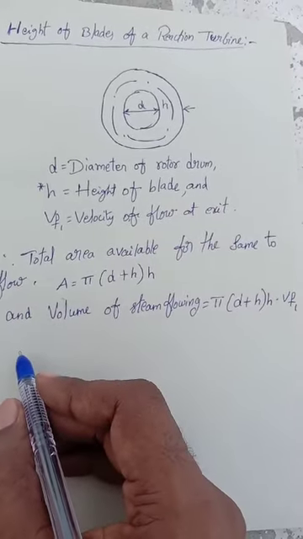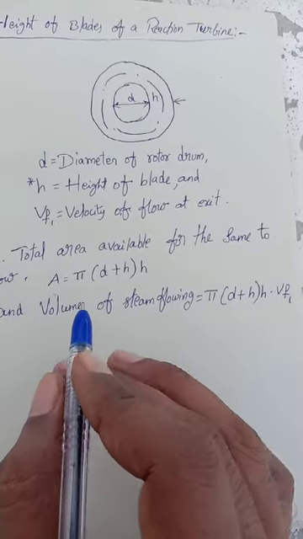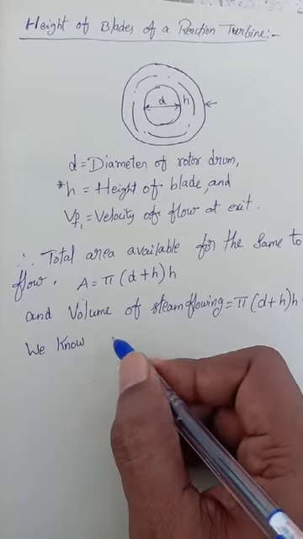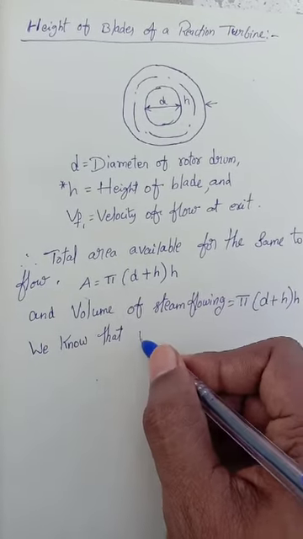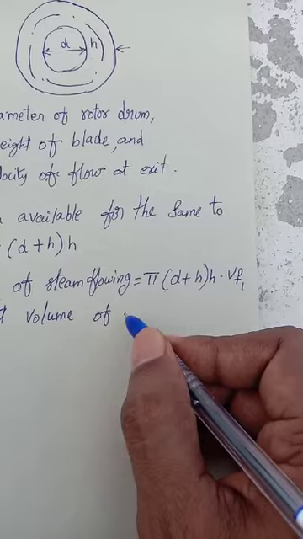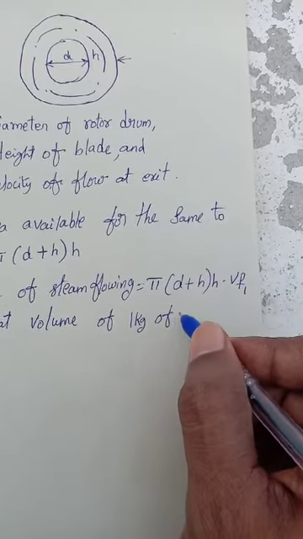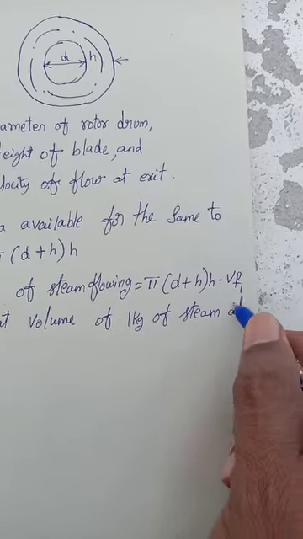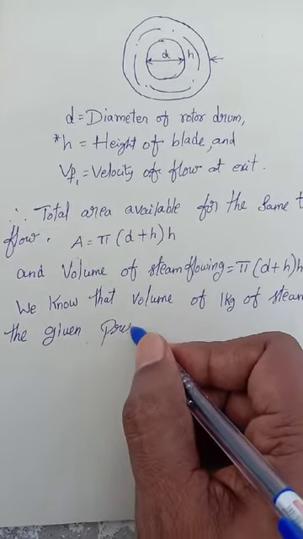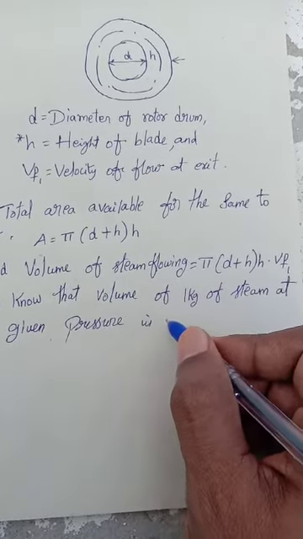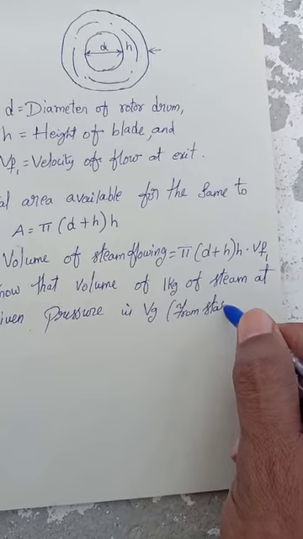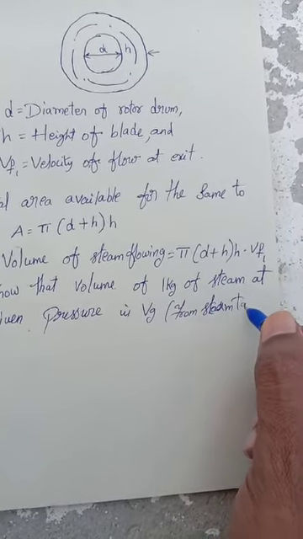Okay, so we know that the volume of 1 kg of steam at the given pressure is Vg, from steam tables.